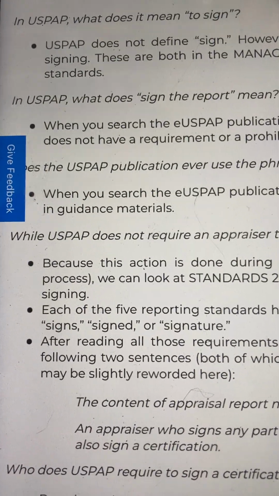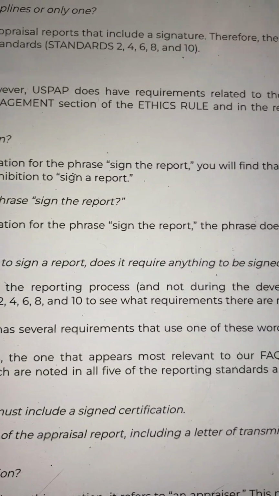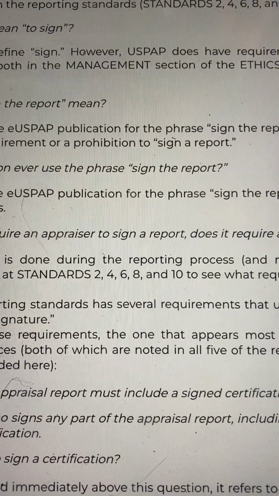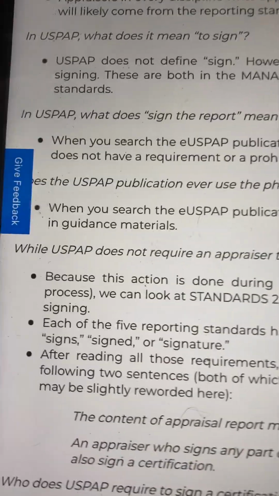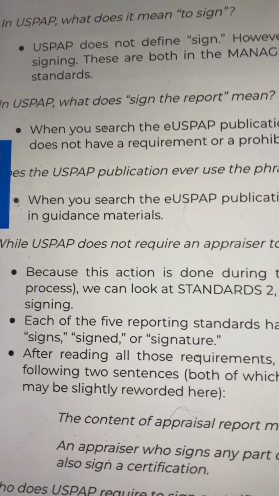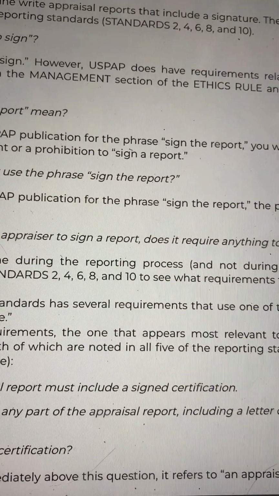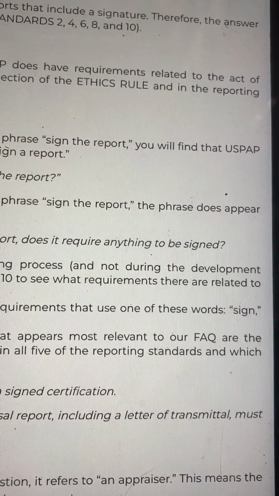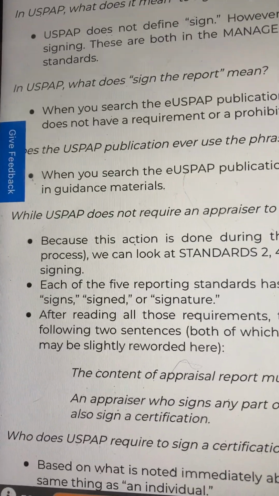While USPAP does not require an appraiser to sign a report, does it require anything to be signed? Because this action is done during the reporting process and not during the development process, we can look at standards 2, 4, 6, 8, and 10 to see what requirements there are related to signing.